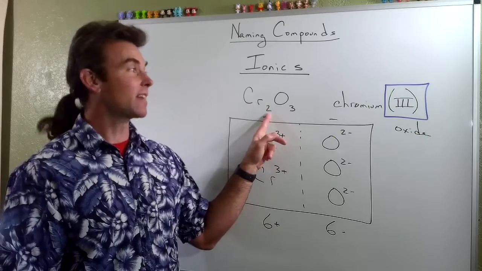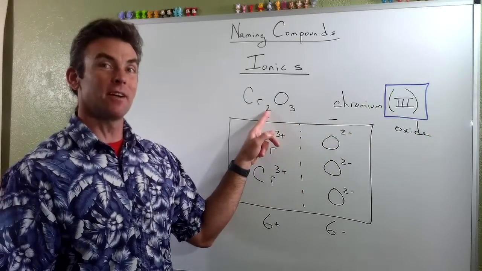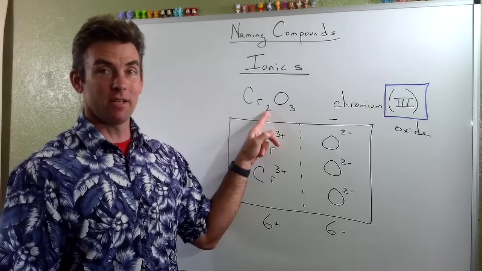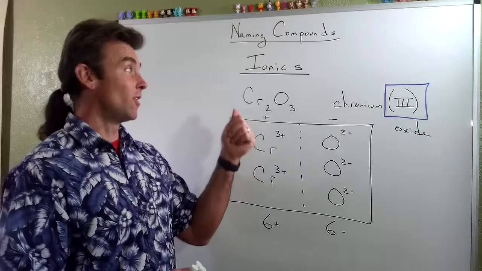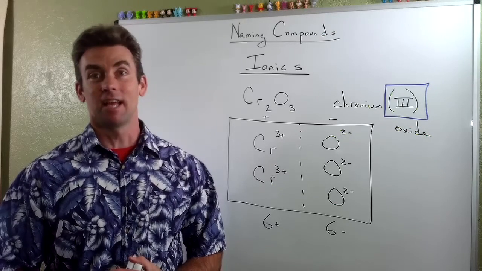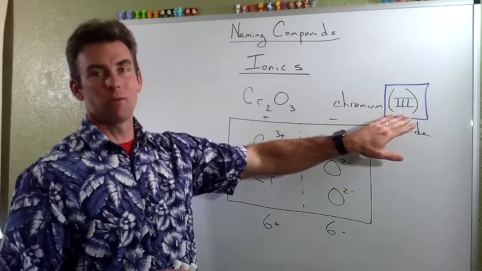In fact, if your Roman numeral matches the actual number of metals there, it is a total accident and it doesn't happen very often. And you'll also notice that I didn't call this dichromium oxide. I can't, because if I call it dichromium oxide, I'm using prefixes and I'm telling people I'm in the covalent land, in which I'm not. So you have to be really careful with these Roman numerals.